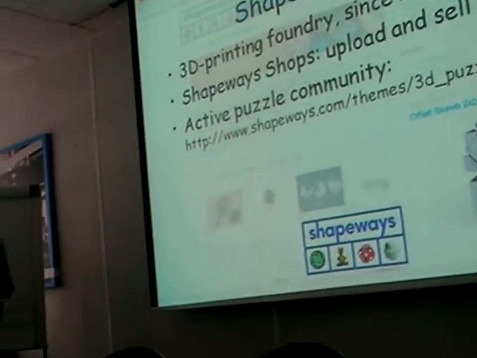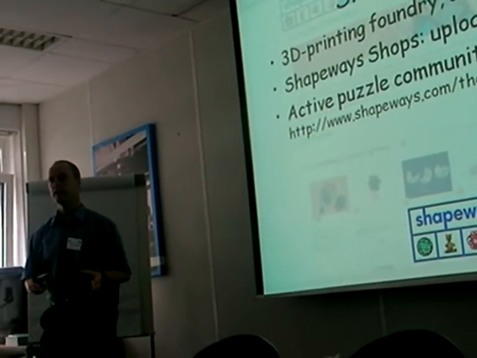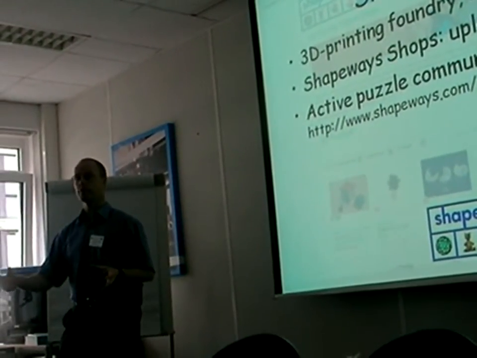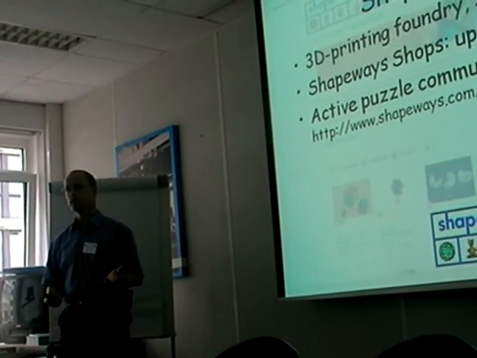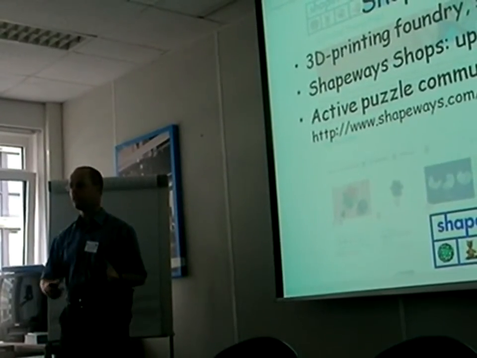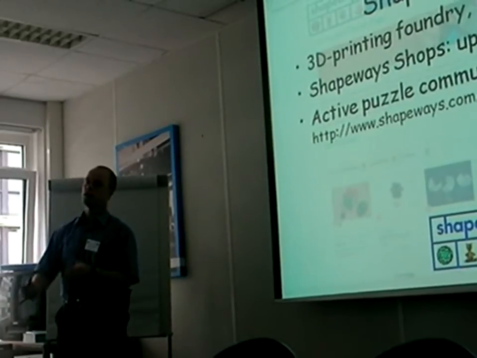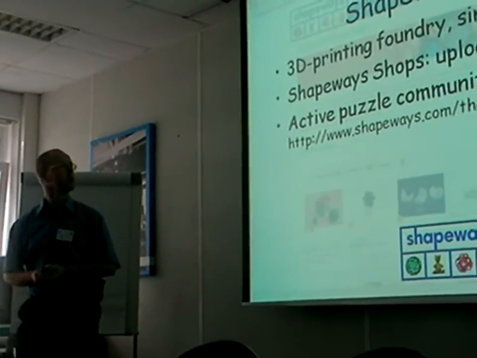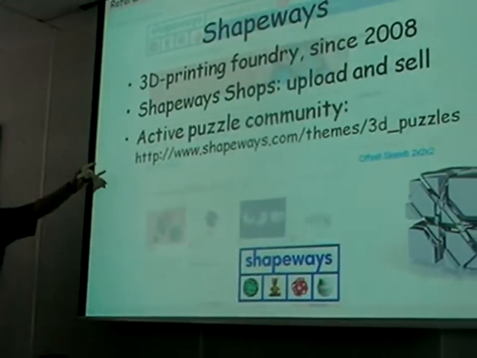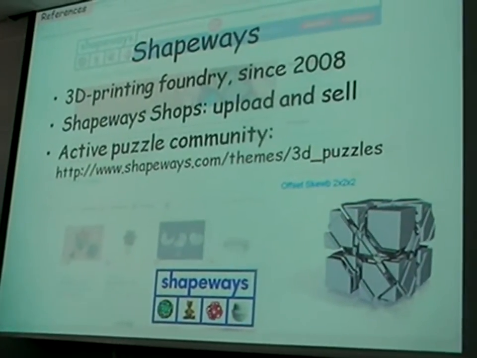The designer can upload the design, and someone else can buy the design or can buy the puzzle, and once it's bought, then Shapebase uses either its own 3D printers or a 3D printer of a partner company to make the puzzle.